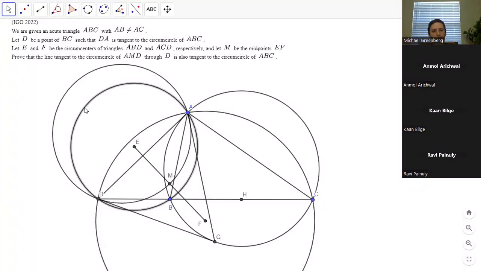Okay, so we define D like that, and we want to show that for AMD it's tangent. So we want to show angle. Yeah, let's think about that. Yeah, it's not that easy. I thought it was.